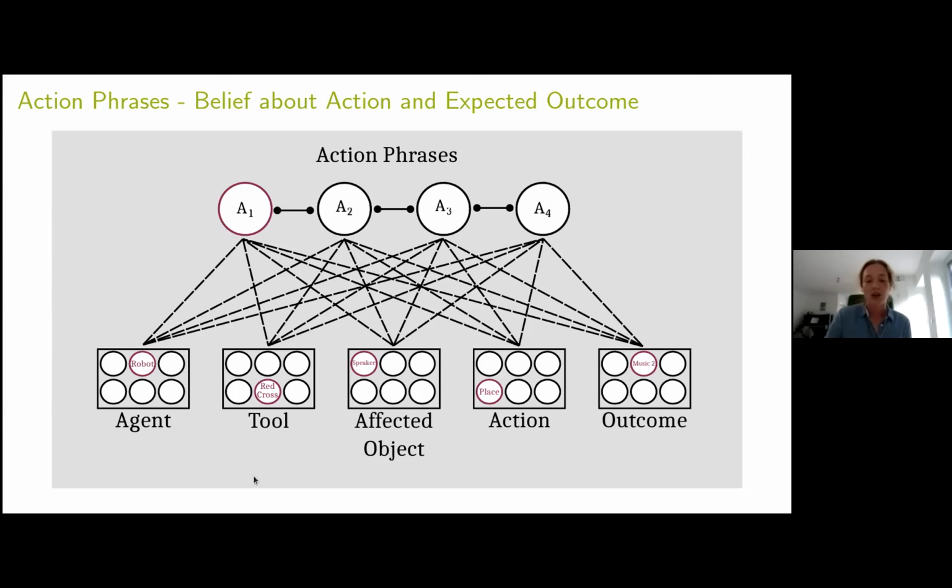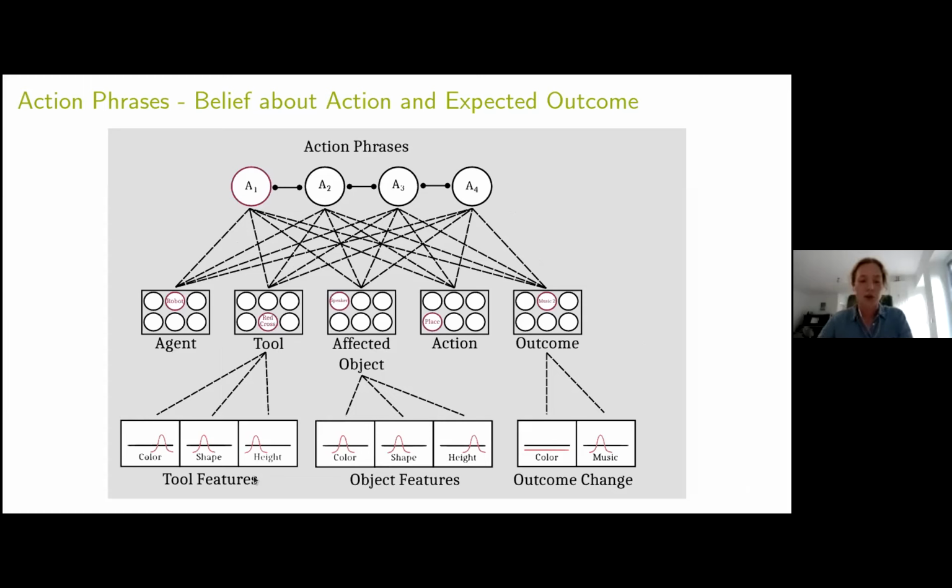Okay, so for the object-like concept nodes, those are now connected to their features. So the red cross is something like red with a cross shape and a small height, because this is something we can pick up. So every concept node here has kind of a belief structure itself. So this being the belief about something with these three features seems to be the red cross that I can pick up and then place it on the speaker to get some music playing.